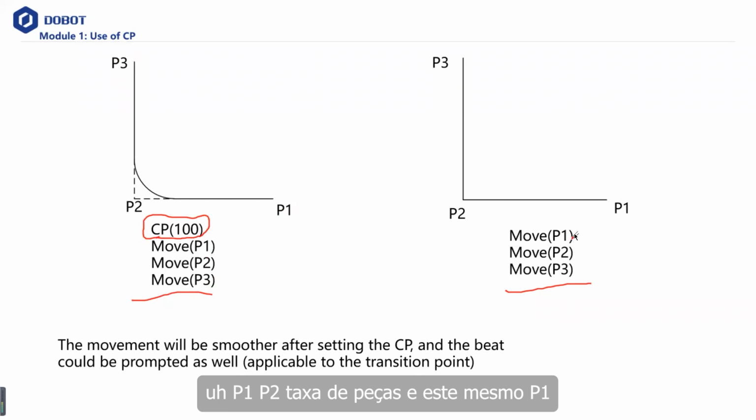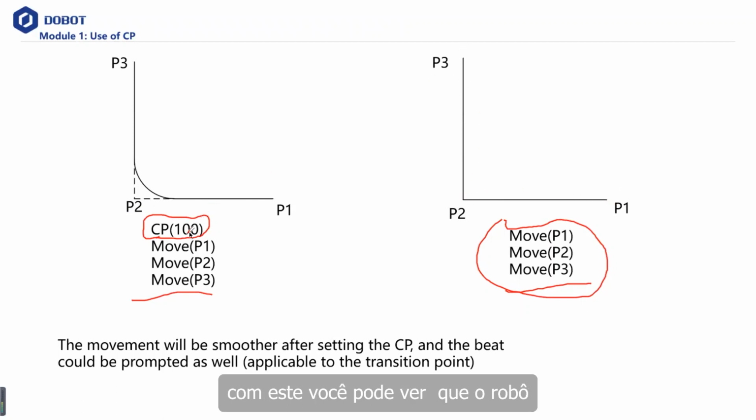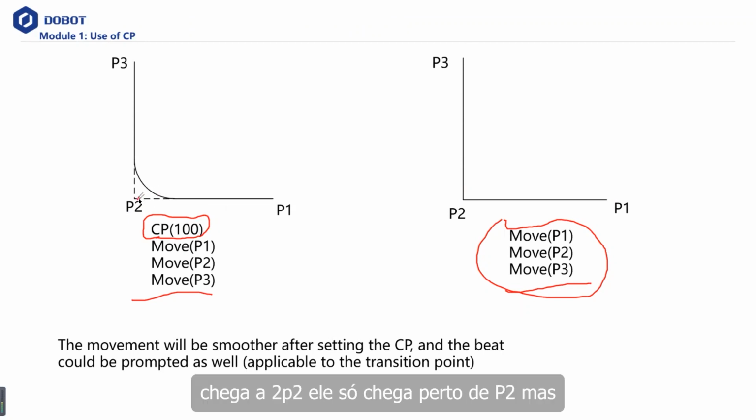And this one same, P1, P2, P3. You can see that with these commands, the robot starts from P1, goes directly to P2, then directly to P3. But with this one, in reality, the robot does not reach P2. It just comes close to P2, but it will not reach P2. So this is what the CP does.